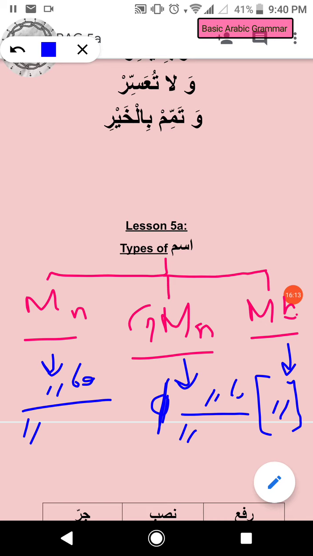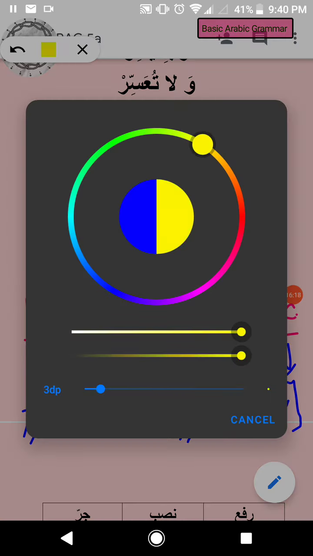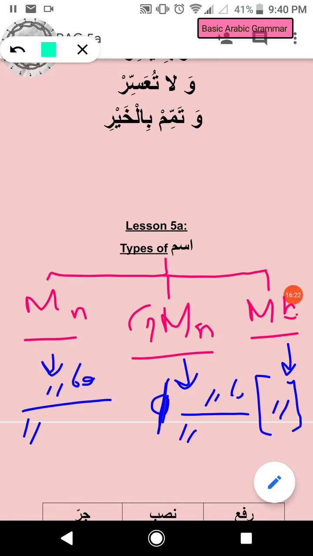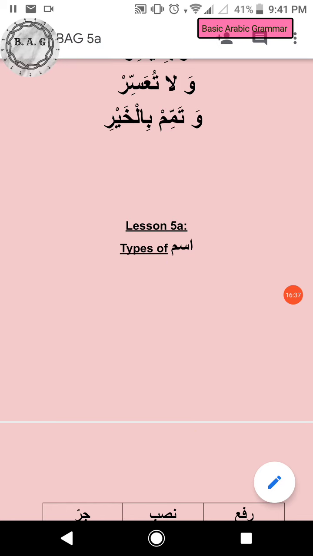Then what's the second point? The second point is that in munsarif, the rafa is not equal to nasab, is not equal to jar. In ghair munsarif it's the other way around.